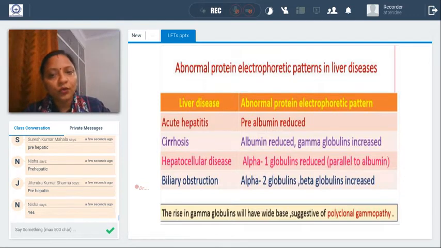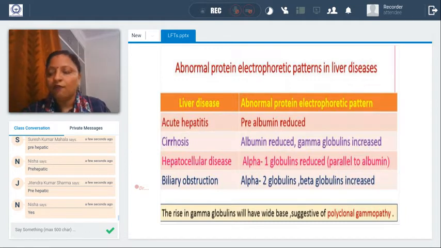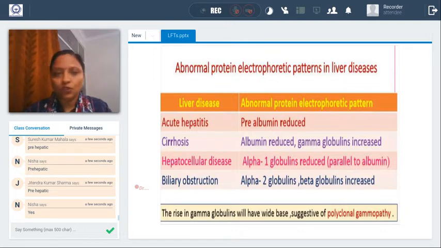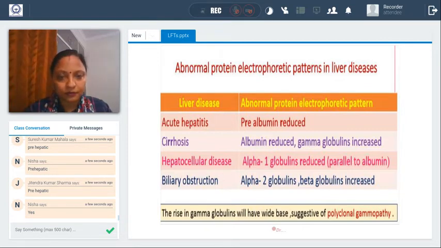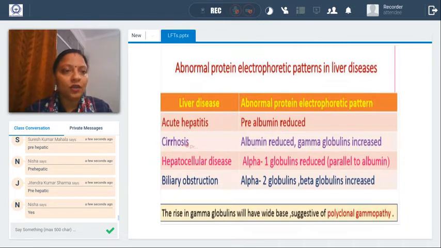In hepatocellular diseases, alpha-1 globulins are reduced parallel to albumin, and in biliary obstruction, alpha-2 globulins or beta globulins are increased. The rise in gamma globulins will have wide bases, suggestive of polyclonal gammopathy. We will study abnormal protein patterns in various diseases in detail in further classes, so don't worry. You have to remember only this: albumin is reduced in liver cirrhosis or hepatitis, in chronic cases particularly.